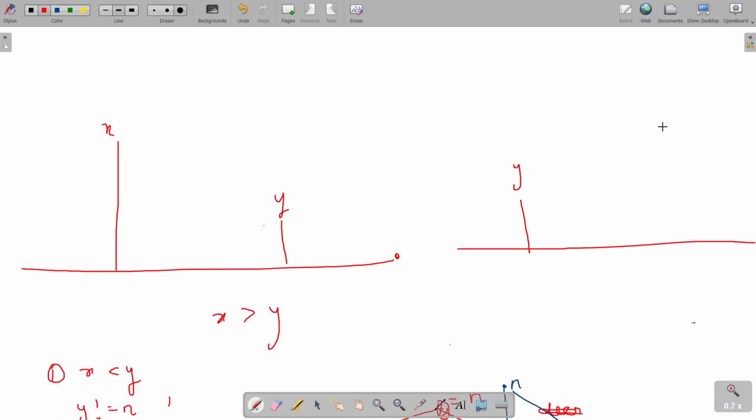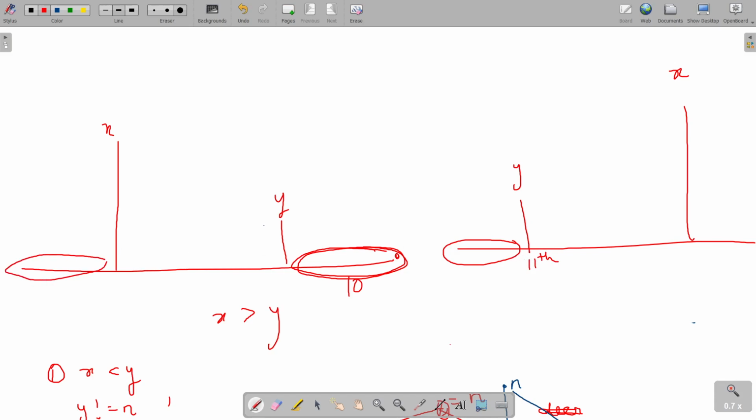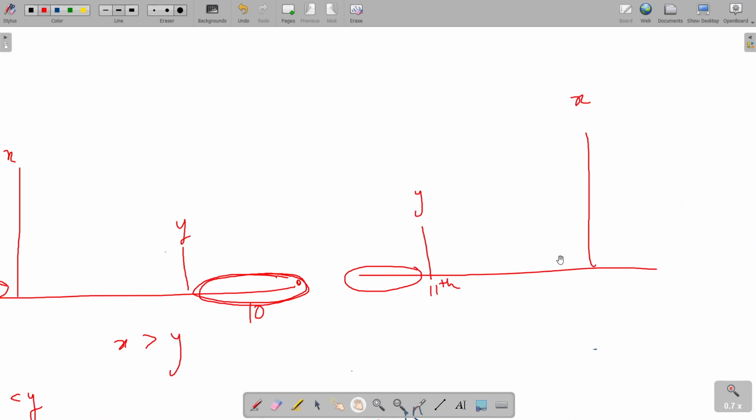You will have y here and x here. But now you need to ensure that if there were 10 values here, then this has to be at the 11th index here only. And similarly, if there were 15 values here, the new position of the index where x is present has to be at n minus 15 only.